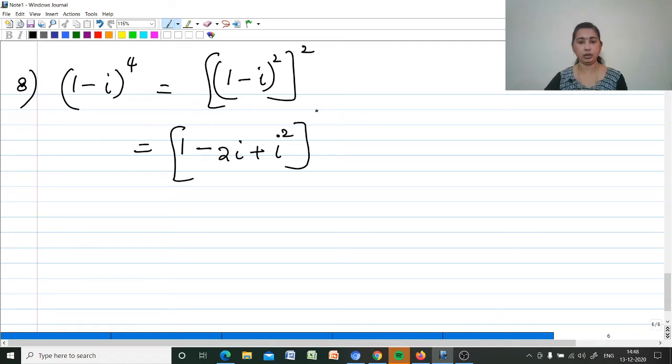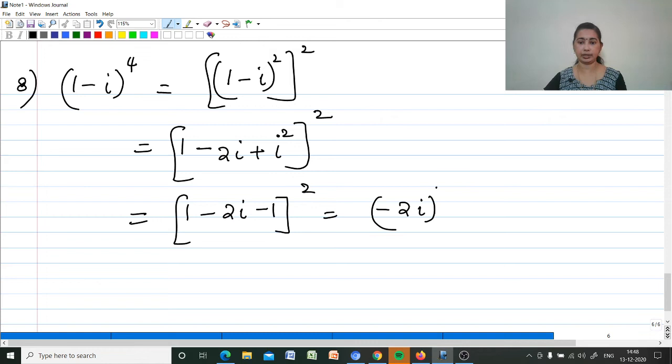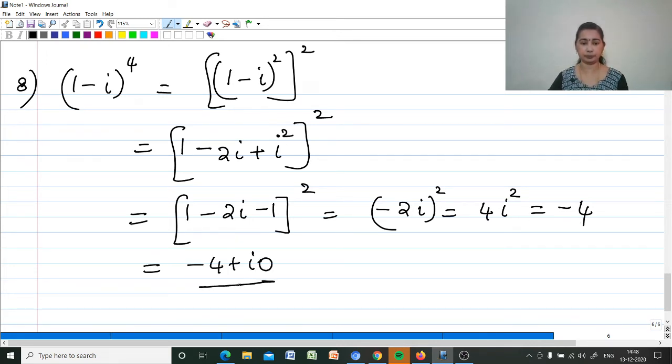Then whole to the power of 2, that's equal to (1 − 2i − 1)^2, that is, 1 and −1 getting cancelled, (−2i)^2, that's equal to 4i^2, and that is −4. So writing in the complex number form, −4 + 0i.